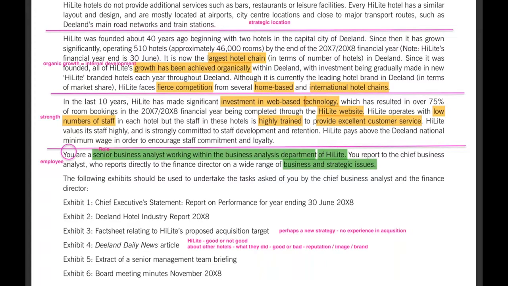So when you write a report, remember this affects your tone of writing. If you are an employee of that particular organization, then when you write a report you can say, we have done this, so our company.